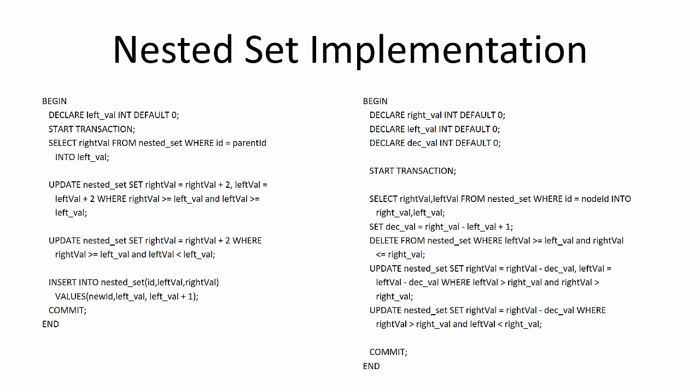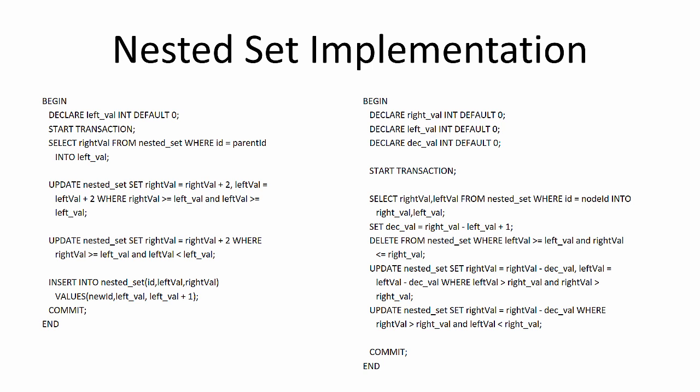The second update goes and updates the right value of every node that only has a right value greater. So these would be parents of the passed in parent ID, which only need the right value updated instead of the left value changed as well. And then we add the new node with its correct left and right values as a child of the parent ID that we passed in.